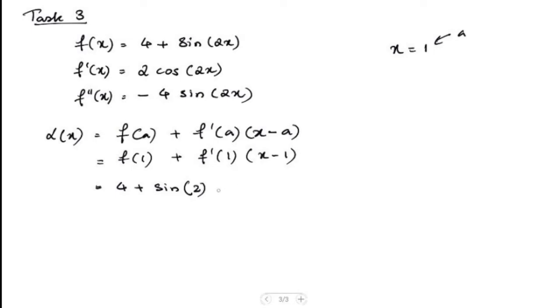Then we have the first derivative, 2 cosine 2x, and putting the value 1 in place of x, we get 2 cosine 2 times 1, in a square bracket, times (x minus 1).